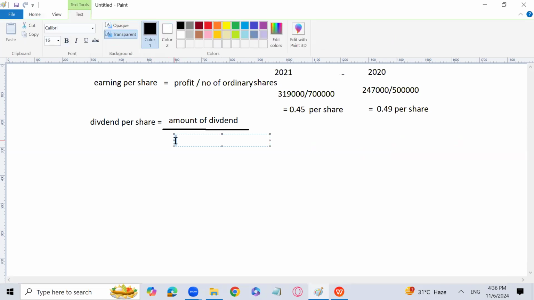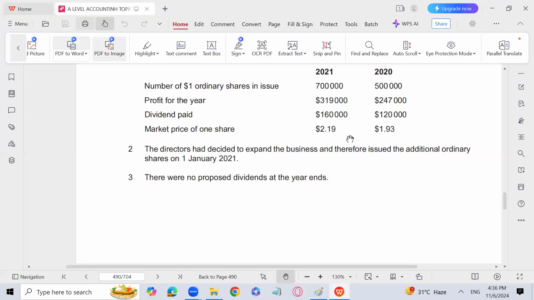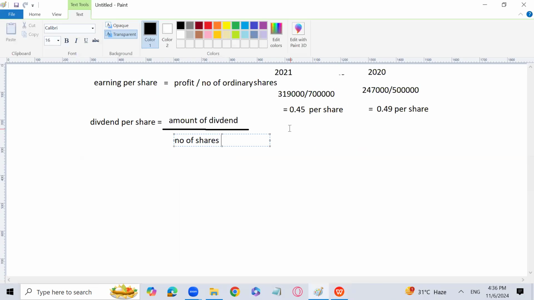So the formula is amount of dividend divided by number of shares or number of ordinary shares, one and the same thing. For 2021, the dividend paid was 1,60,000 and number of ordinary shares is 7 lakh. So let's calculate it. 1,60,000 divided by 7 lakh.